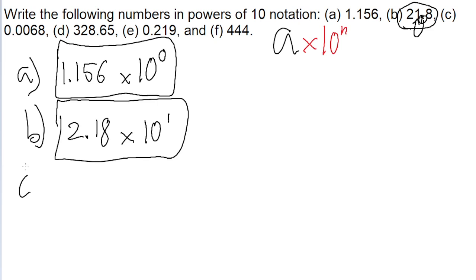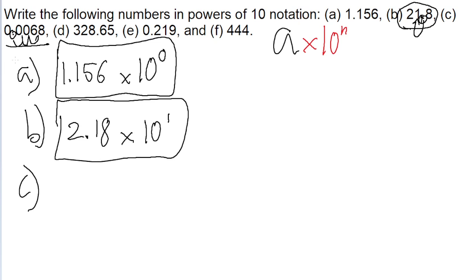So now let's look at part C, where the number is 0.0068. So now the number is too small. We need it to be at least 1 or greater. So we can move the decimal point a few spaces to the right to make the number bigger. So we got the decimal point here. So let's move it 1, 2, 3.